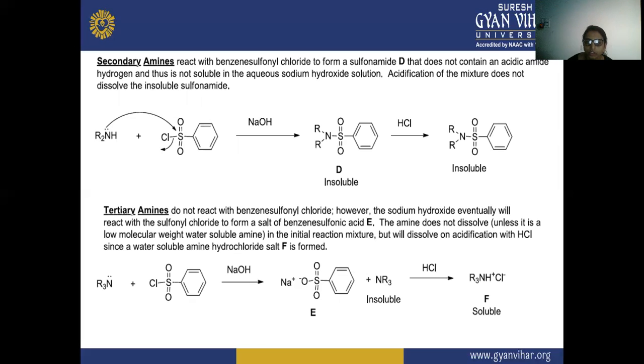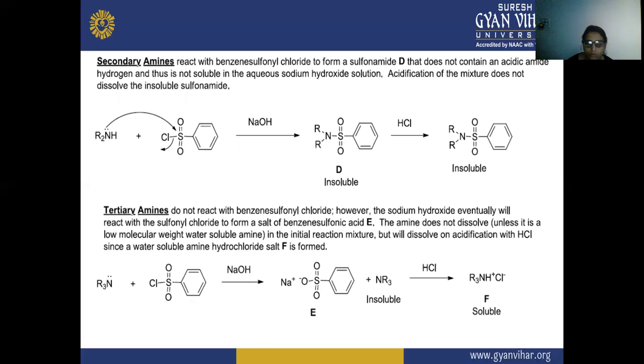This acidification of the mixture does not dissolve the insoluble sulfonamide. So there is no solubility, and there is a formation of this insoluble precipitate. So here also insoluble precipitates are formed in the secondary amine.